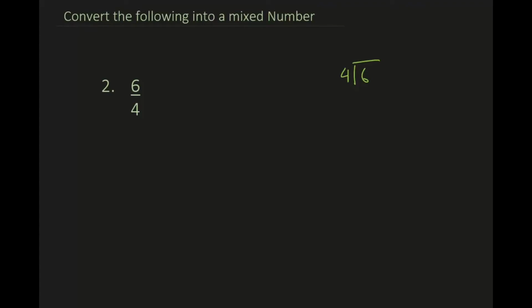So we know that 4 times 1 is 4. Now if we subtract it, we get a 2 as our remainder. So what we do is we're simply going to bring this 1 here, and the 2 will be our numerator, and our 4 will be our denominator.